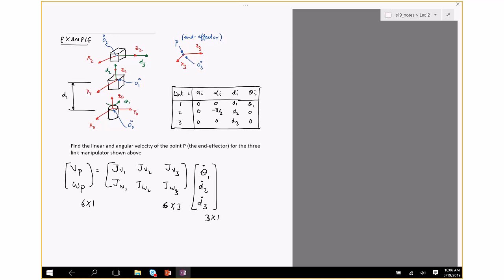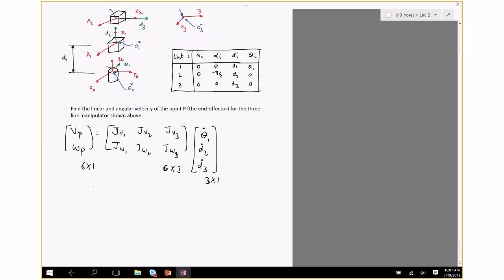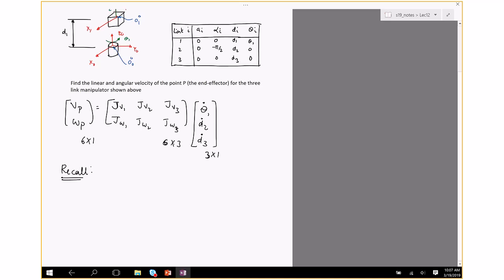So in the last class, I derived a formula for the Jacobian. I'm going to rewrite that, and then we'll go from there. Let's recall that jvi equals ri minus 1 cross, and ri minus 1.